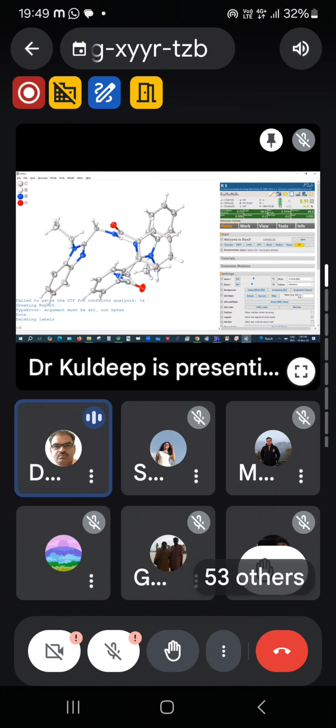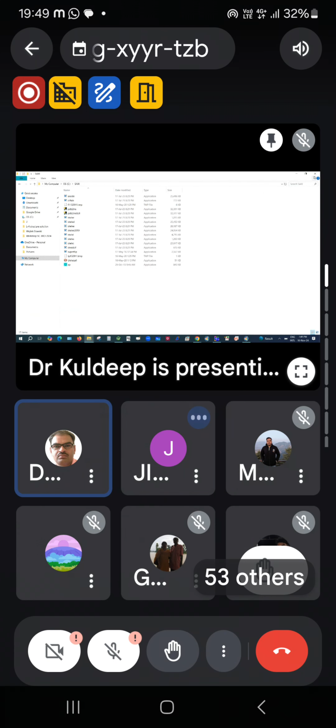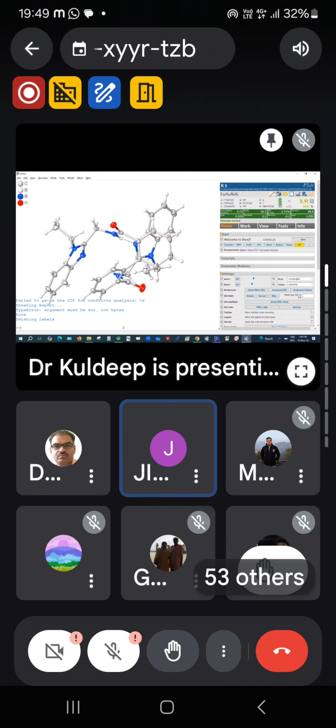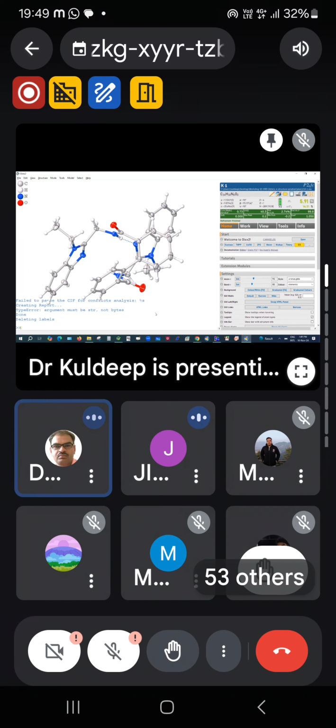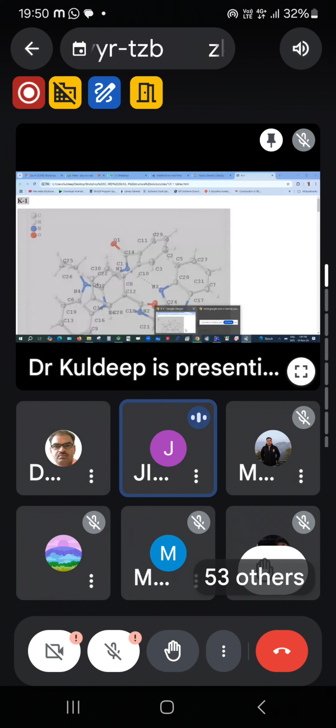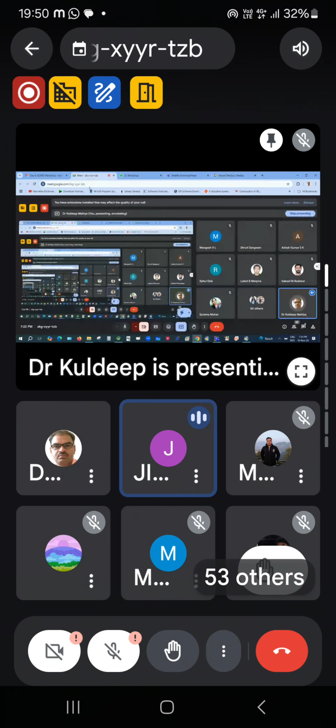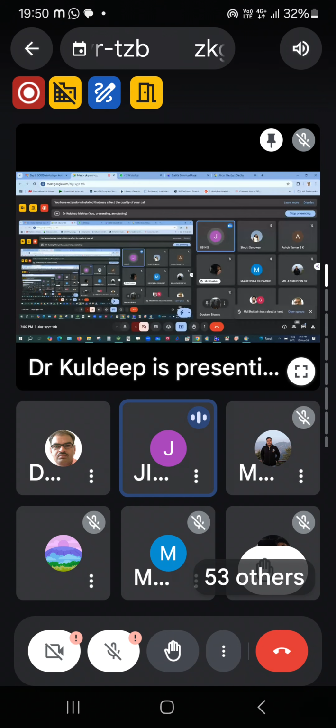So let's move to the next example. Sir, one more query. Yes, please. Suppose we have an alkyl group, let it be butane. When we are transferring to Olex, if one carbon atom is missing or the bond between two carbon atoms is missing, what do we do?